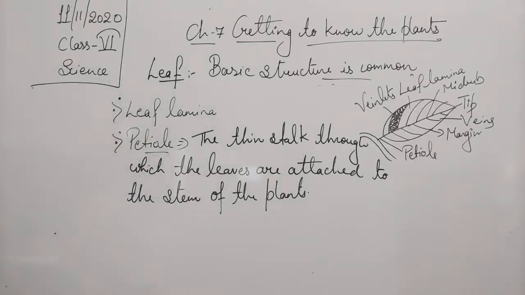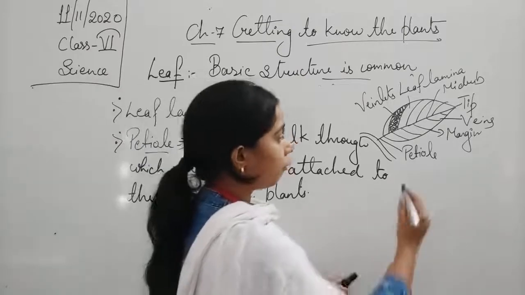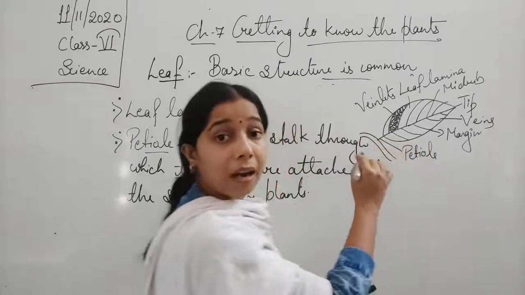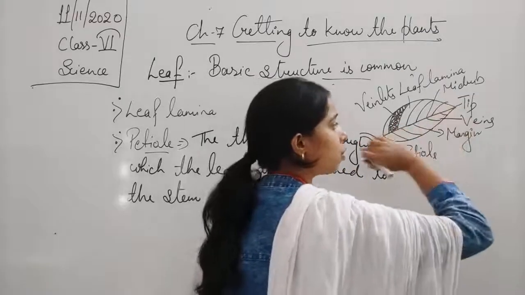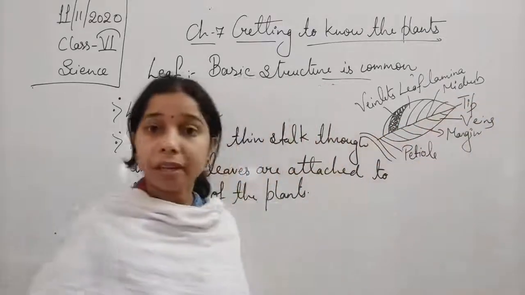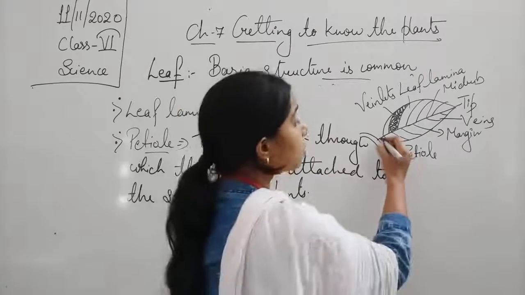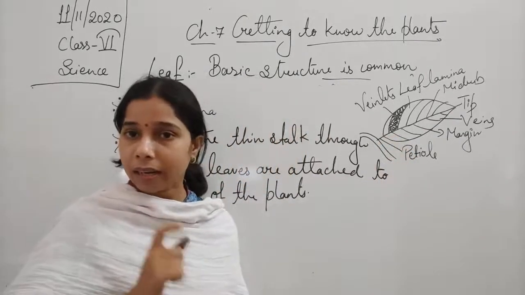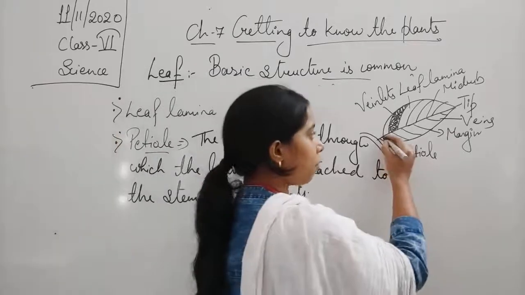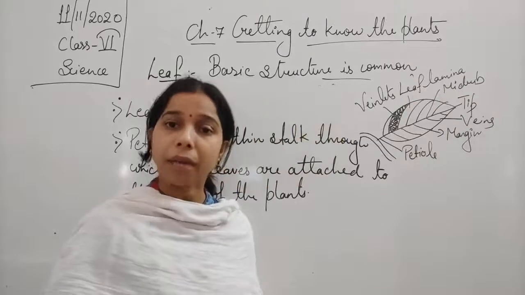Okay. Now, if you see, students, then you will find that from this petiole only, a line goes very straight and reaches to the tip. It started from the petiole and reaches to the tip. This is basically a kind of vein, a thick line you can see which started from the petiole and reaches to the tip, that we call the main vein.